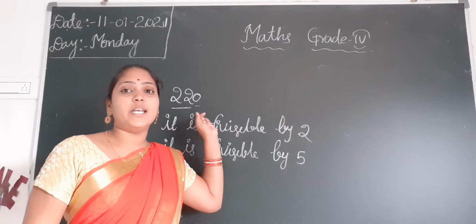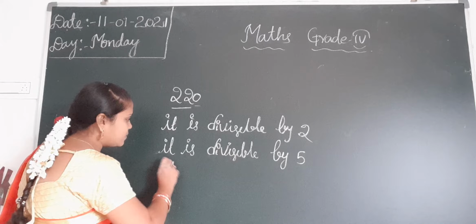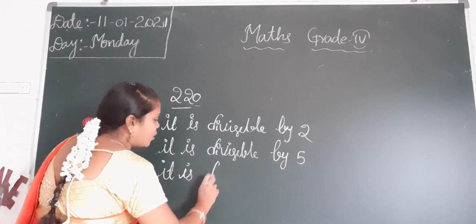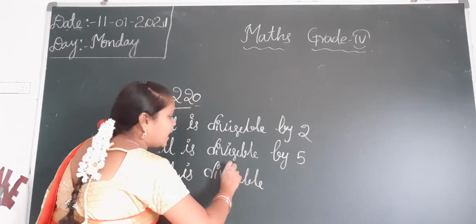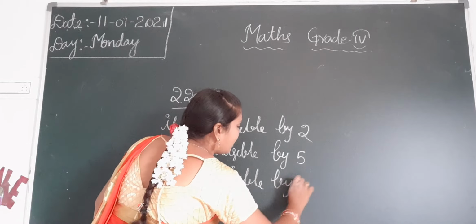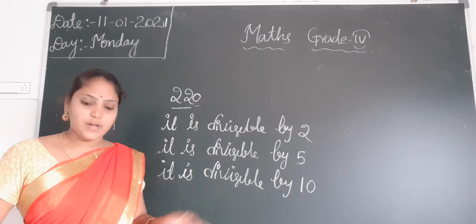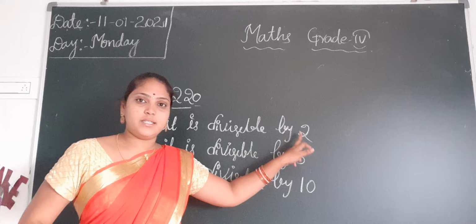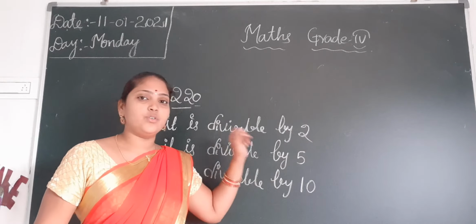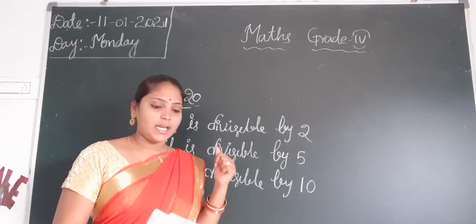Yes, 220 is ending with 0, which means it is divisible by 10. Here 220 is divisible by 2, 5 and 10 also. Am I correct, children?